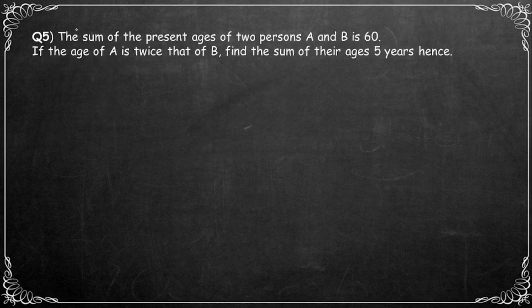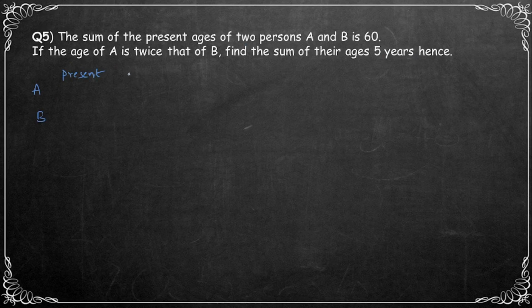Question 5. The sum of present ages of two persons A and B is 60. If the age of A is twice that of B, find the sum of their ages 5 years hence. So there are two persons A and B and there are 2 times. So first is present and second is 5 years hence, that means in the future.